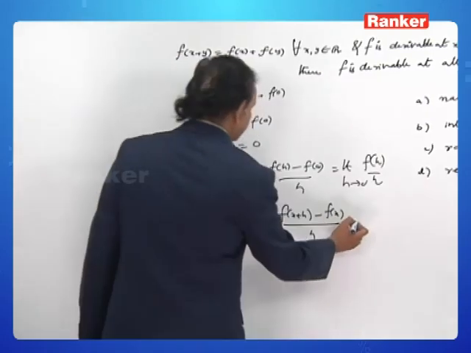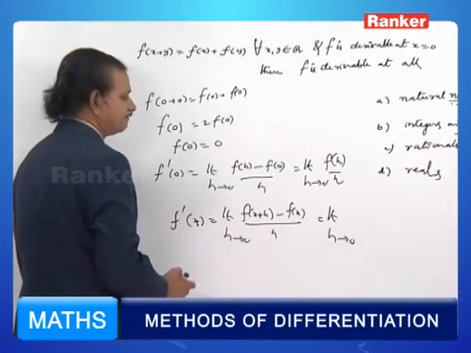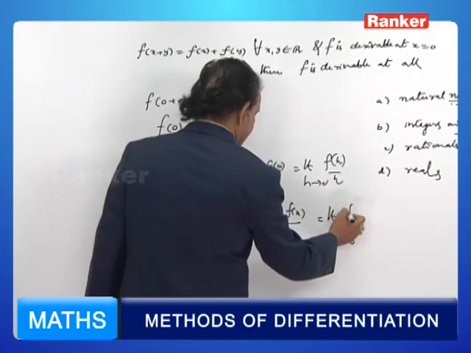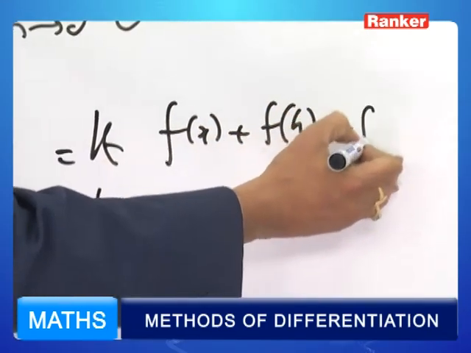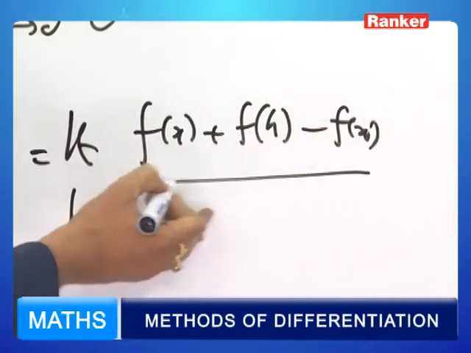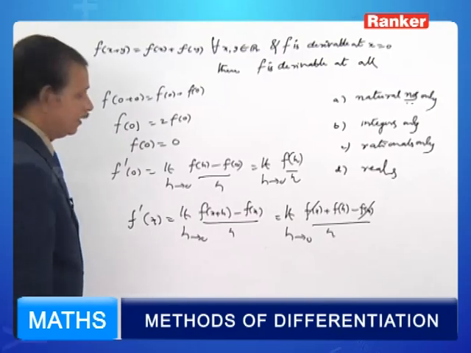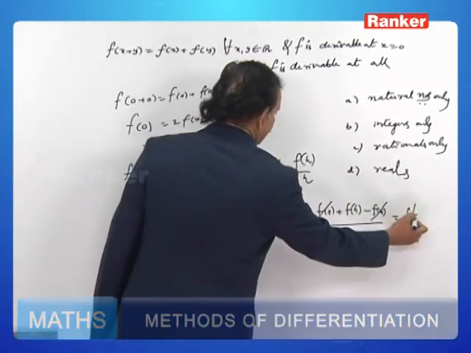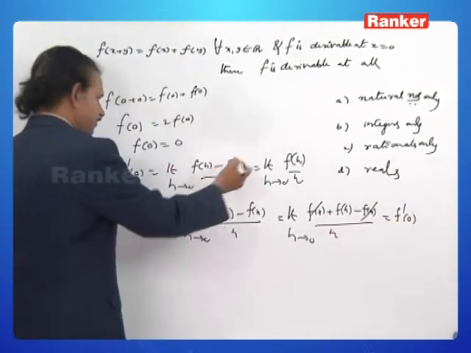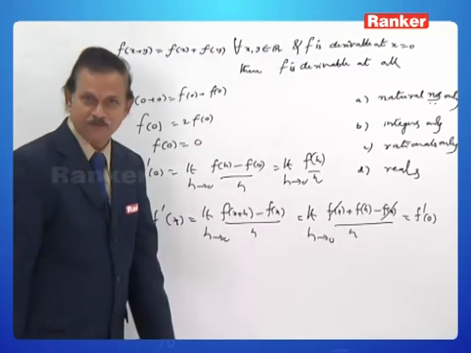This is equal to the limit as h tends to 0. In the place of f of x plus h, what can you write? f of x plus f of h minus f of x by h. The limit as h tends to 0 of f of h by h is nothing but f dash 0. Just now we have taken that, isn't it? f of h by h as h tends to 0 is f dash 0.